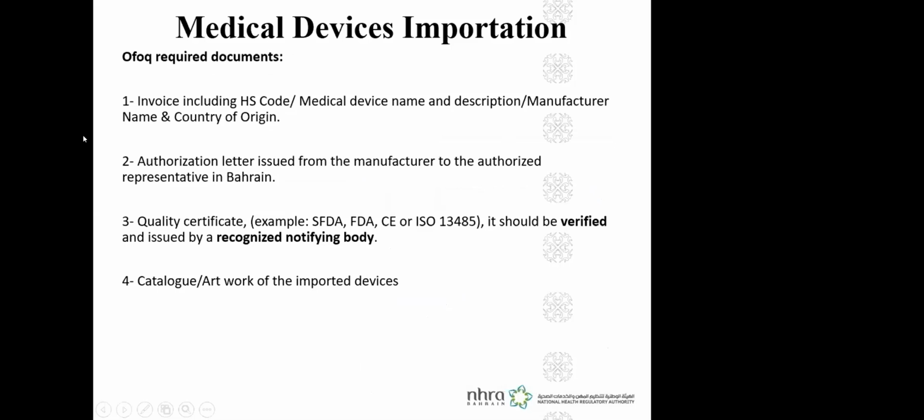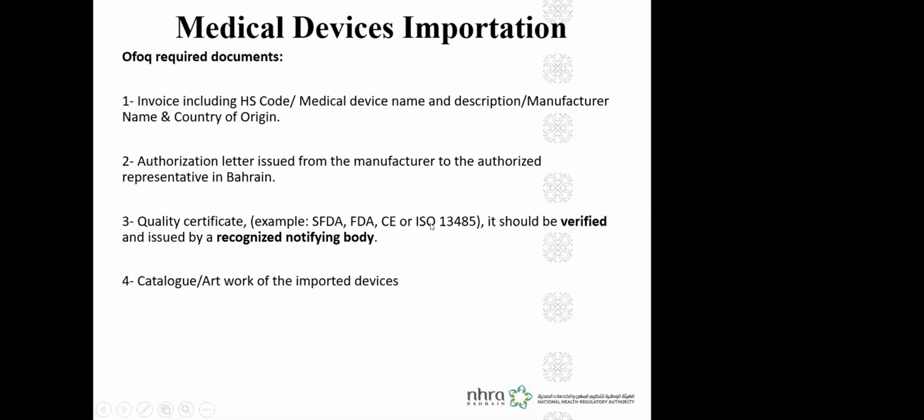So now we will talk about the required documents. First and most important is the invoice. The invoice should include HS code, good item description, manufacturer name, and country of origin. Second is the authorization letter, and third is the quality certificate. This is an example of some of the certificates: the SFDA, FDA, CE, and ISO.